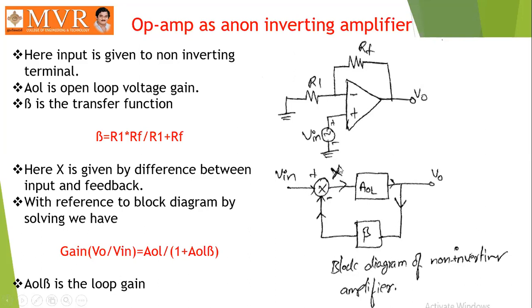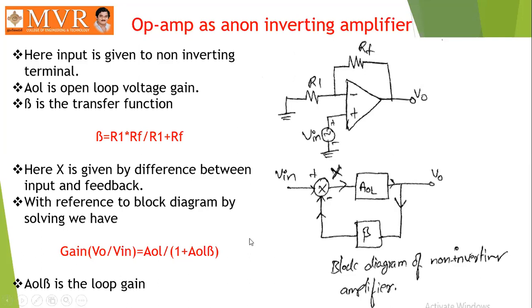X is the difference between the input voltage and the feedback voltage. The feedback voltage is V naught into beta. This is obtained as the input to the operational amplifier, and with that input signal we obtain the output.